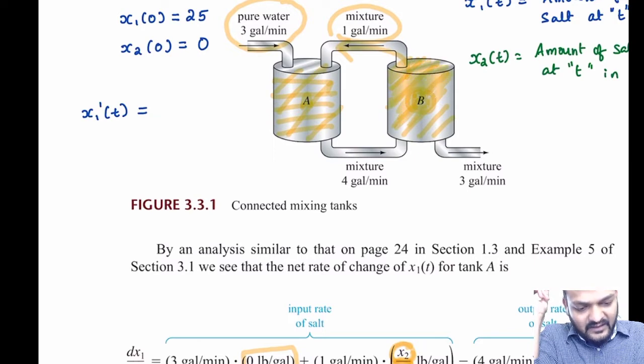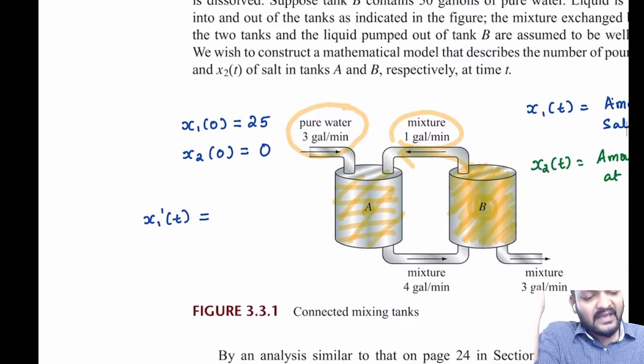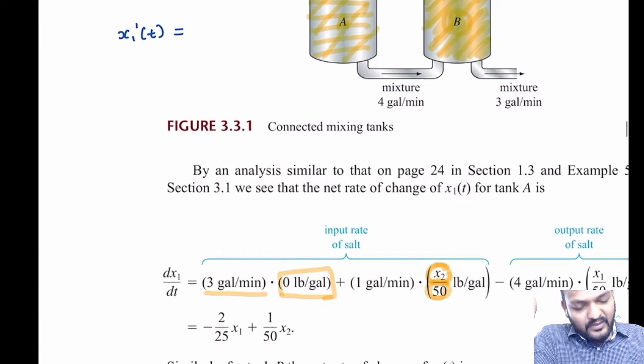I have 50 gallons, and let's just say this has 25 pounds. That means that per gallon has half a pound. If tank B has 50 pounds of salt and 50 gallons, that means every gallon is going to have 1 pound of salt. Whatever that is we don't know, because that keeps on changing.